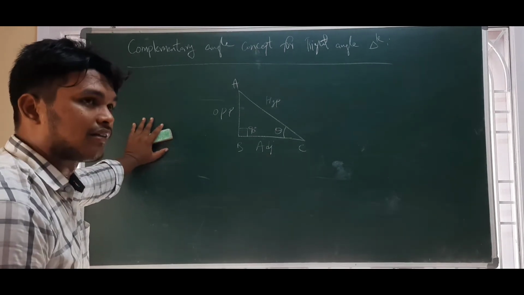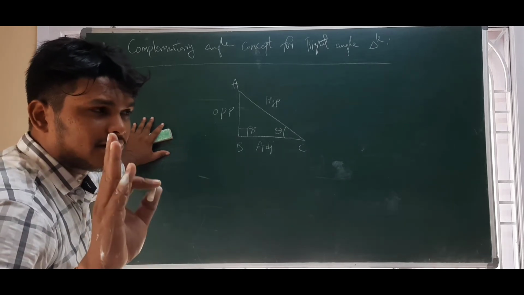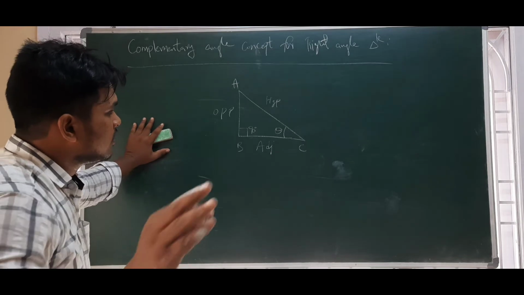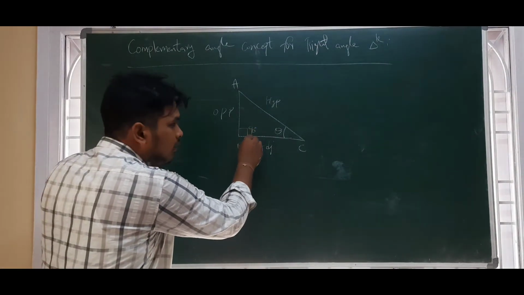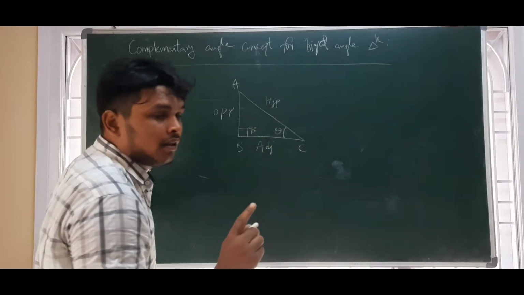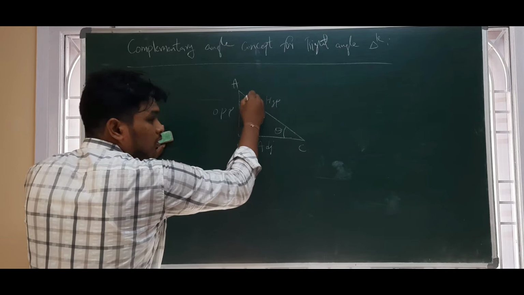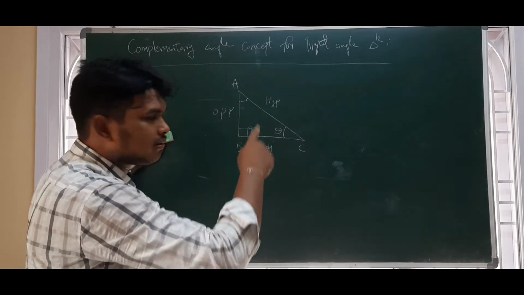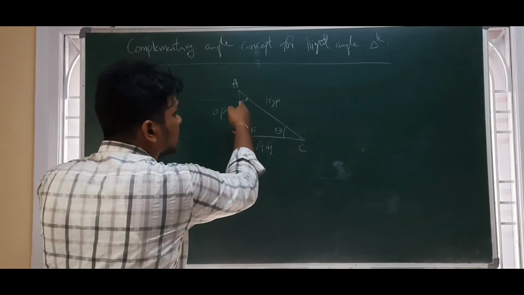Since this is a right angle triangle, I have angle 90 here and angle theta here. What must this angle be for the overall sum of all the angles of the triangle to be 180?